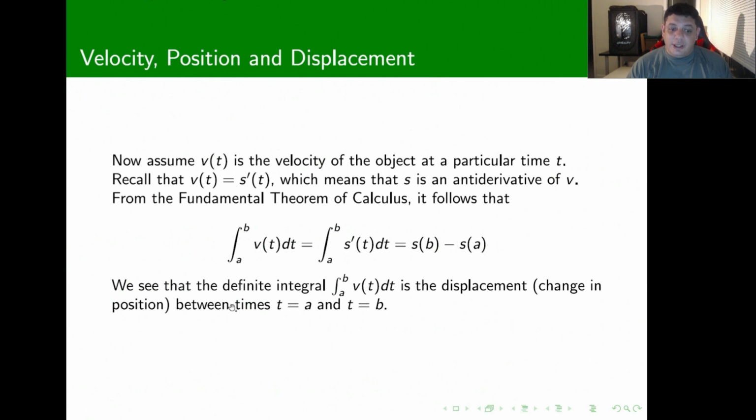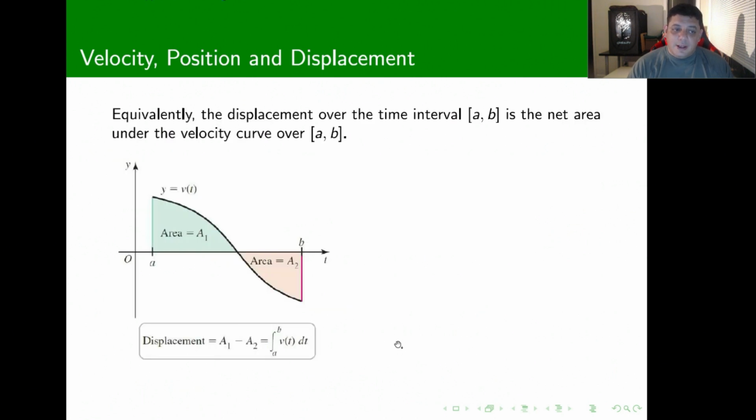So essentially, you see that the integral of v of t dt is the displacement, or the change in the position, between t equals a and t equals b. In an equivalent way, the displacement over the interval a b is the net area under the velocity curve over a b.